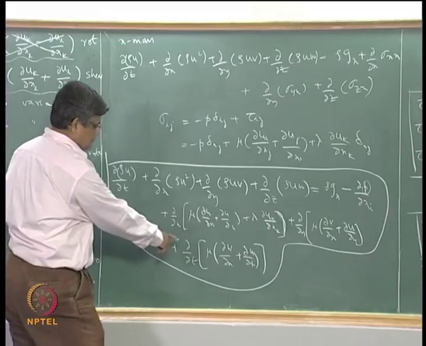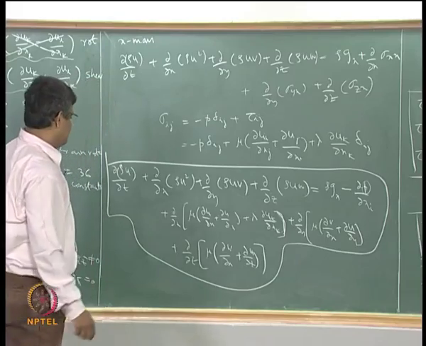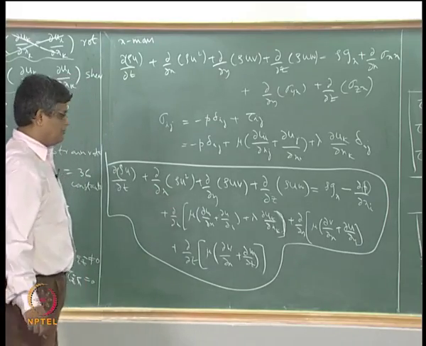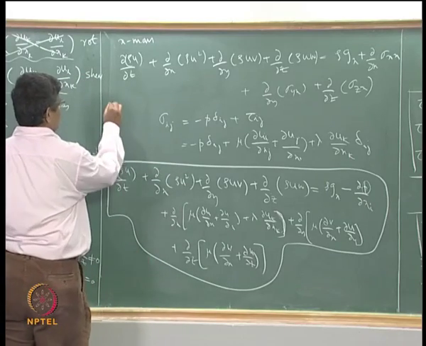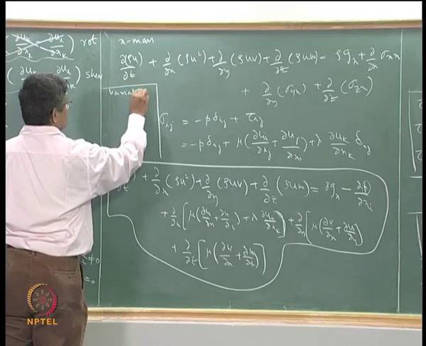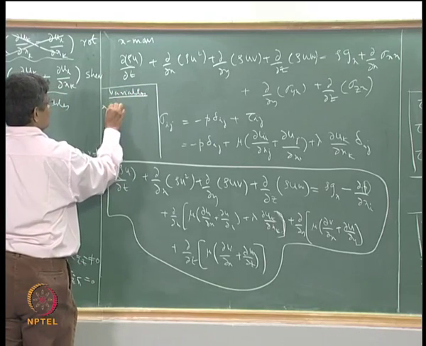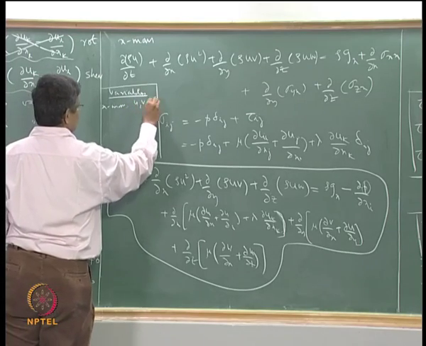Okay. So, mu and lambda are material properties and rho is also a material property. In the x momentum equation we have u, v, w and p.